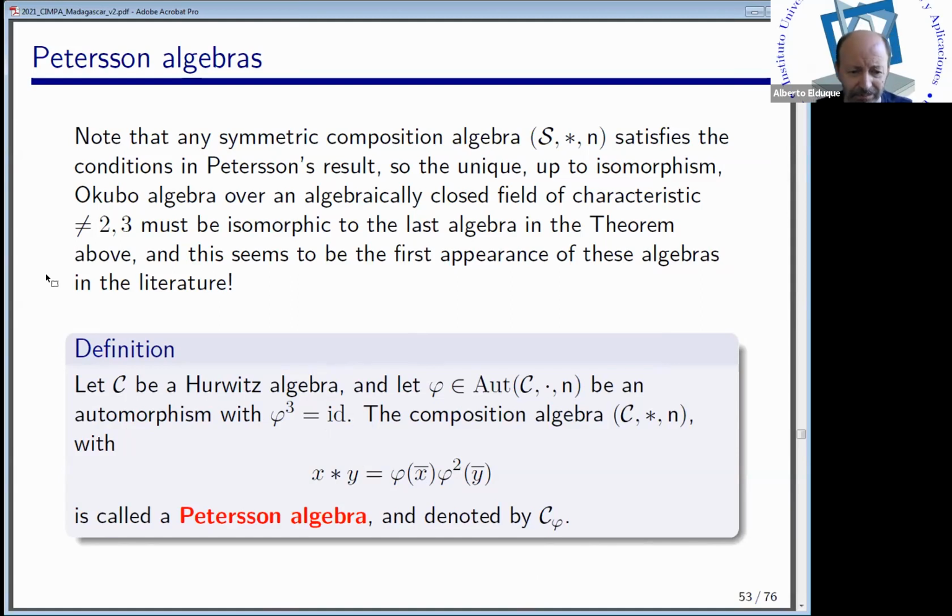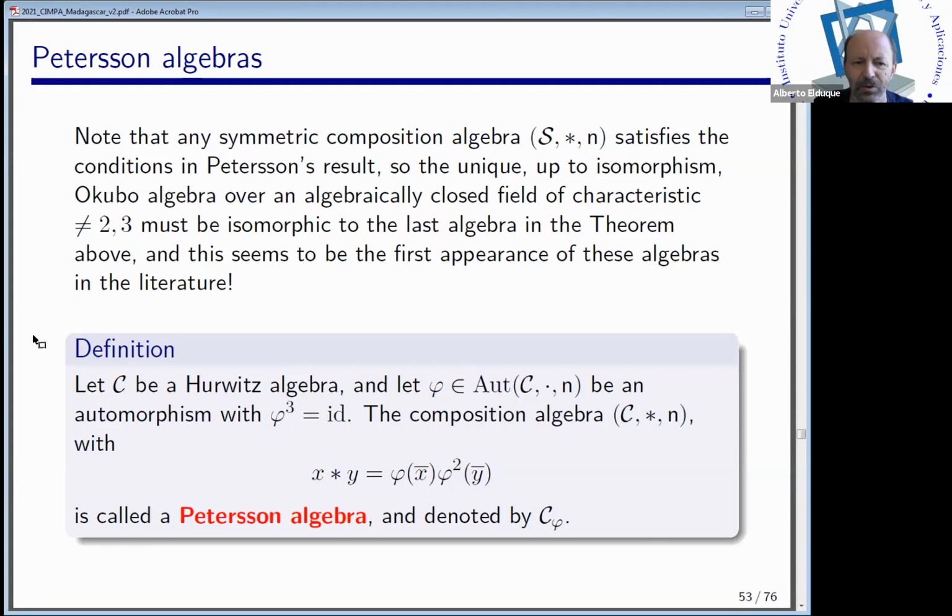And we decided to give these algebras the name of Peterson algebras. So instead of just twisting to get para-Hurwitz algebras, we decide also to twist with an automorphism. Well, Peterson considered a specific automorphism given in terms of a cubic root of unity. But we can consider other automorphisms of order 3, and it turns out that everything works.